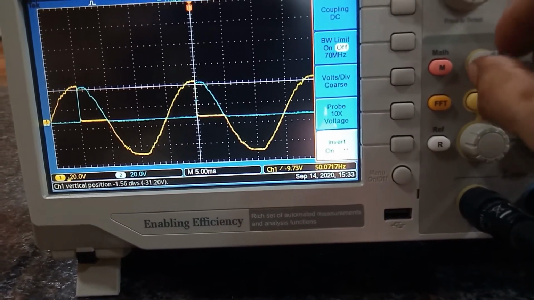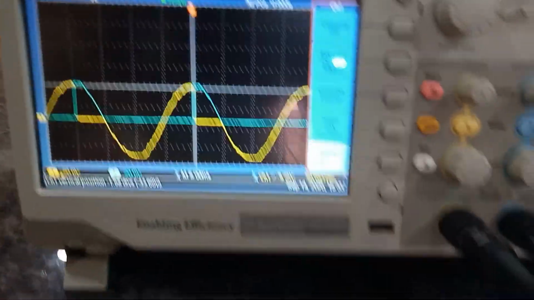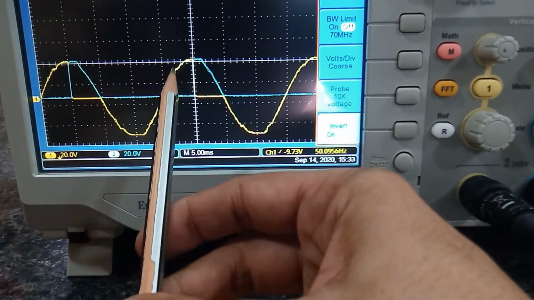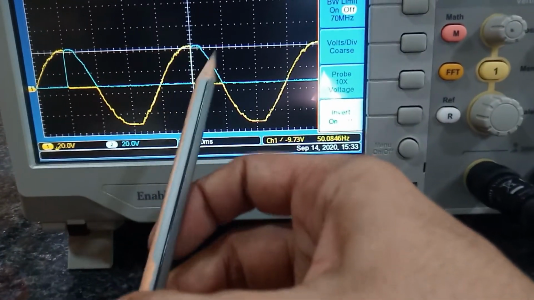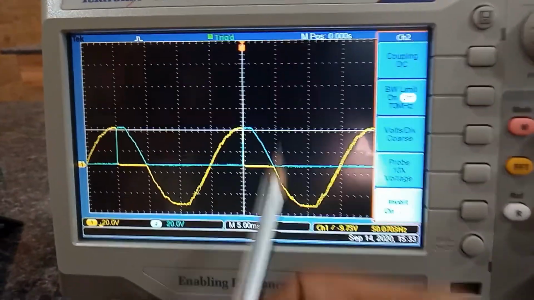Yes, so here it is the complete sine wave. But remember, the yellow portion is the waveform across anode and cathode, and the blue portion is the waveform across RL, through which the SCR is conducting.